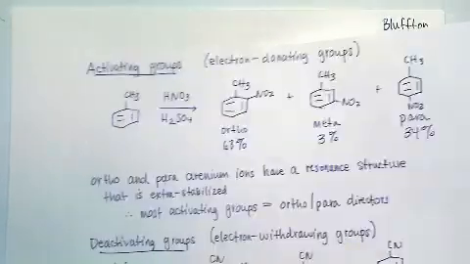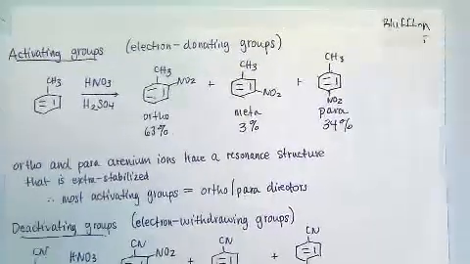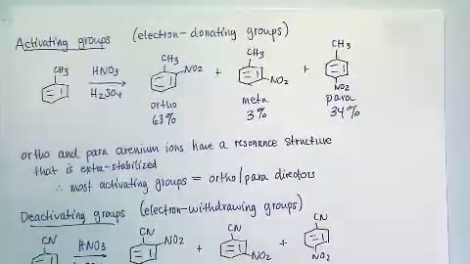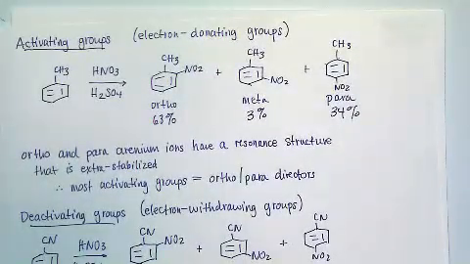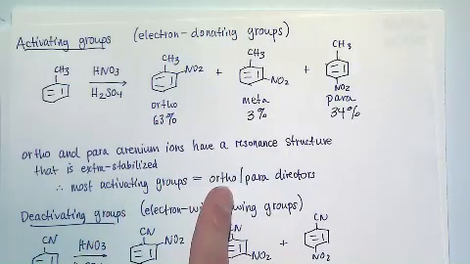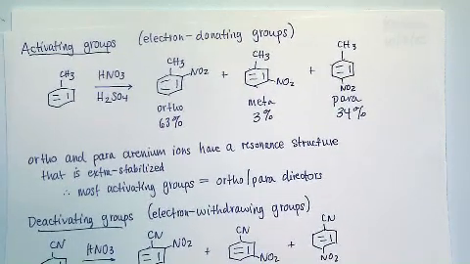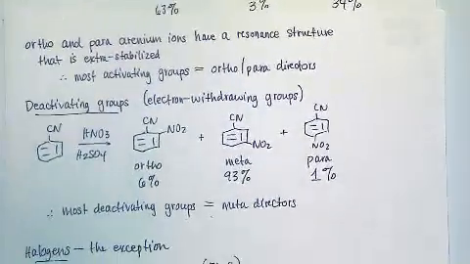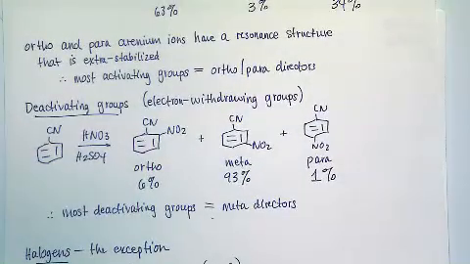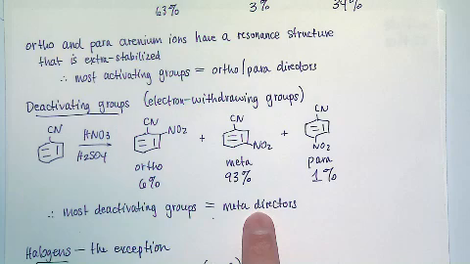The last thing that I talked about on the video was the chart of activating and deactivating groups. We said that activating groups are generally ortho-para directors, and those tend to be electron donating groups. And then deactivating groups are often electron withdrawing groups, and they're usually meta directors.